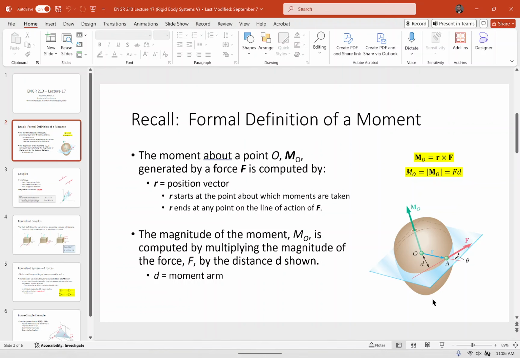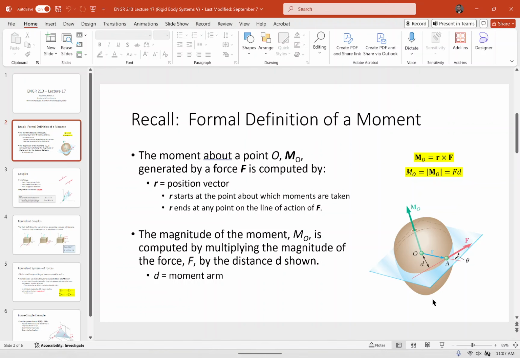6 feet, right? So I propose that instead of dealing with these 2 forces, I could deal with a moment, okay? And that moment would be 20 pounds times 6 feet, the distance between them, right?